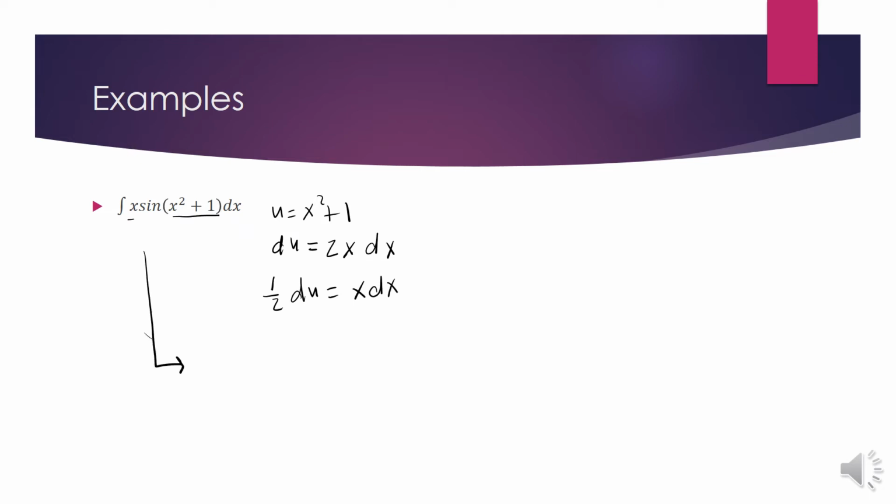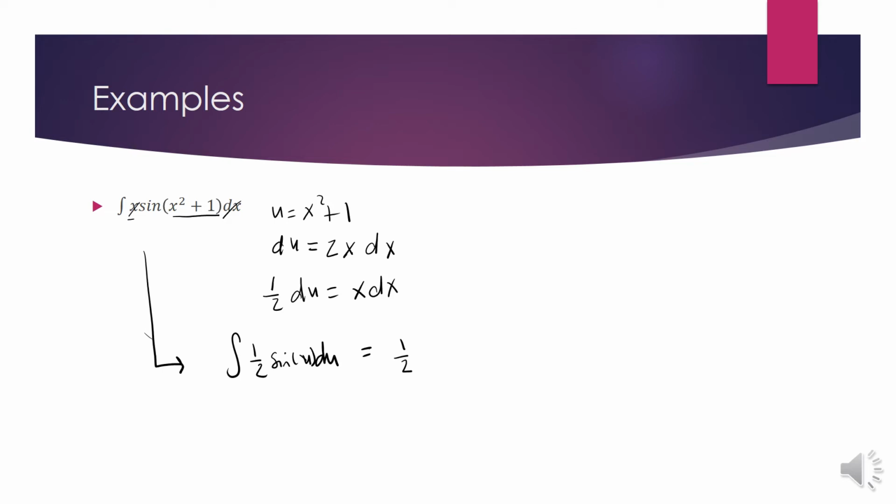Once we do that, let's go ahead and rewrite the problem. So my x and dx are going to become 1/2 du. What I have left is sine of x squared plus 1, so I can rewrite that as sine of u. And now we can take the antiderivative.